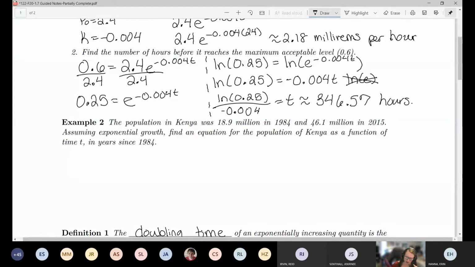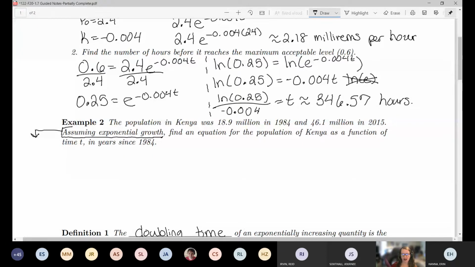Now I need to make a specification here. It says assuming exponential growth. And that's a terrible box because I just drew it right through what I need to talk about. If you reread this question, nowhere does it say the word rate, and nowhere does it say the word continuous rate.